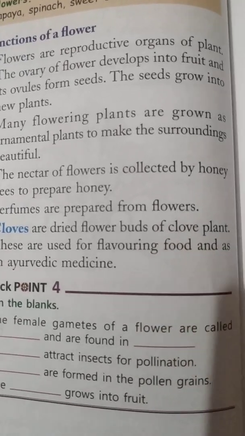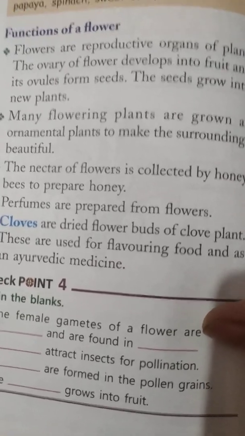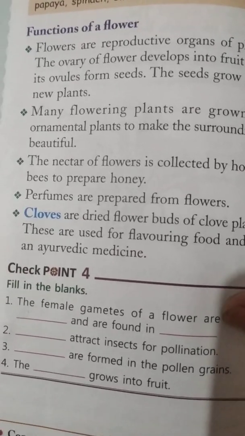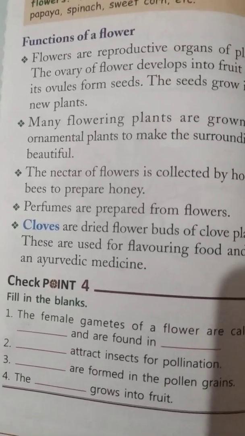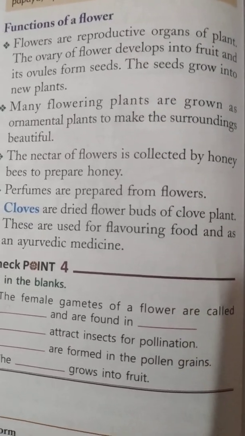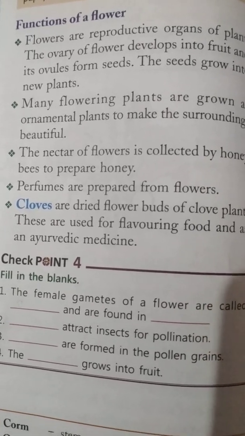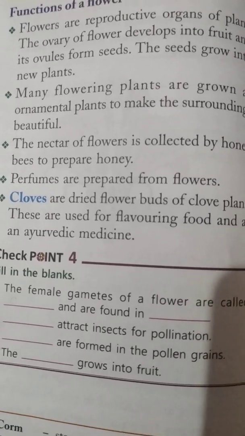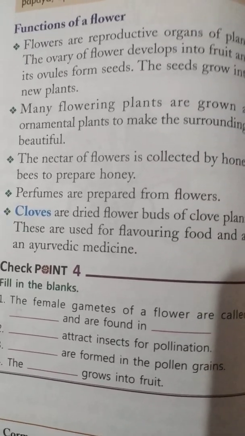Many flowering plants are grown as ornamental plants to make the surroundings beautiful. Like in the case of rose and chameli, we plant these flowers for ornamental purposes. The nectar of the flower is collected by honey bees to prepare honey.